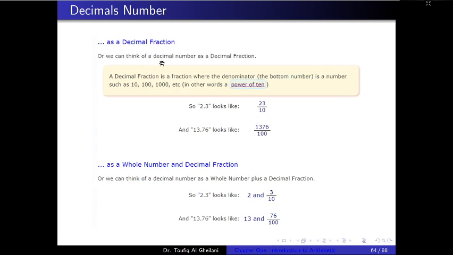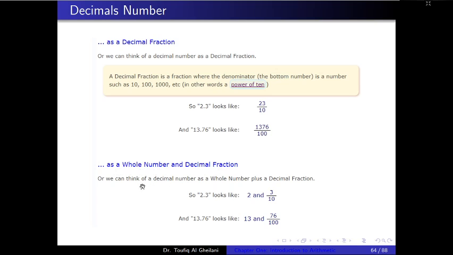Or we can think of a decimal number as a decimal fraction. A decimal fraction is a fraction where the denominator, that means the bottom number, is a number such as 10, 100, 1000, and so on. So 2.3 looks like 23/10, and 13.76 looks like 1376 over 100, as a whole number and a decimal fraction.